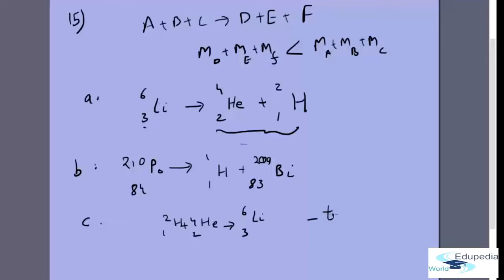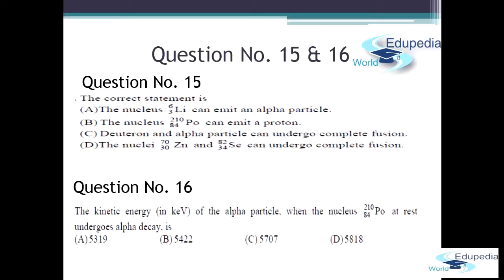So C is true, and D is 70 30 Zn plus 82 34 Se becomes 152 64 Gd. You'll see that the mass of this is greater than the mass of these two, so it cannot happen, which means the answer to our question 15 is option C.